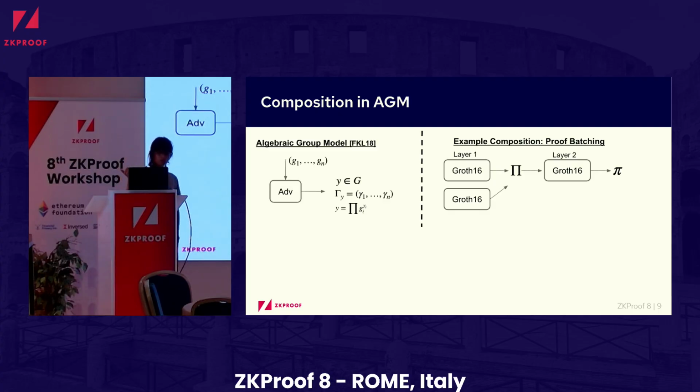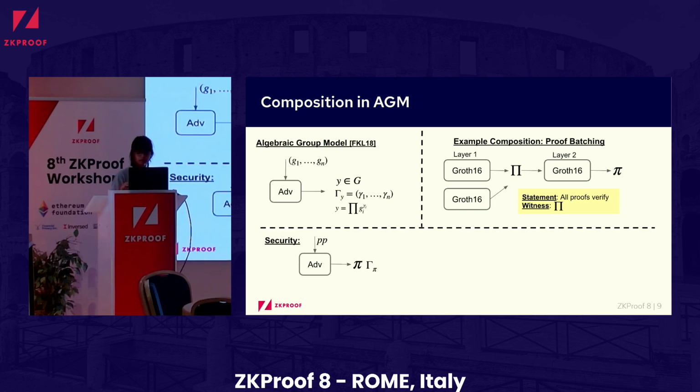This is the example from before, and I want to show you what the issue is when composing in the AGM. So here again, in layer 1 there are a bunch of CRUD16 proofs that are then compressed or aggregated using a layer 2 of another CRUD16 proof on top.